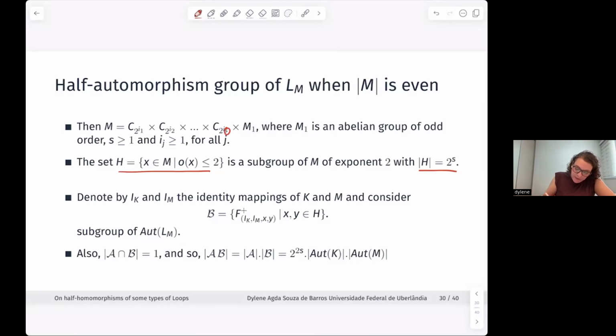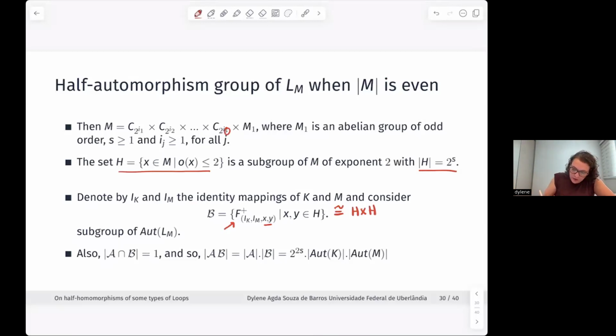And we define B like capital F plus, but instead of using the parameters F and F prime, we use only the identities of K and M, okay? So the only parameters that may vary in that F plus are X and Y in H. So we have that B is isomorphic to the direct product H times H, and this set B is a subgroup of the automorphism group of Ln, okay?